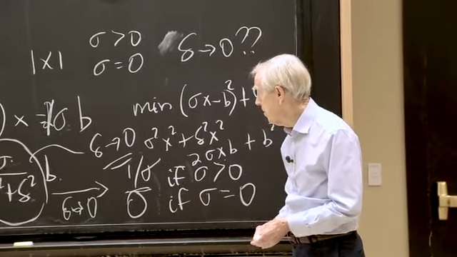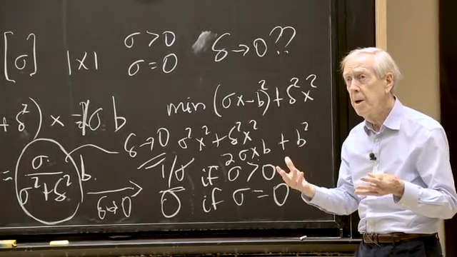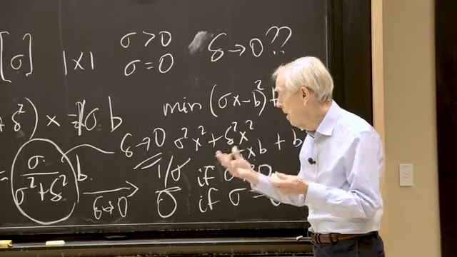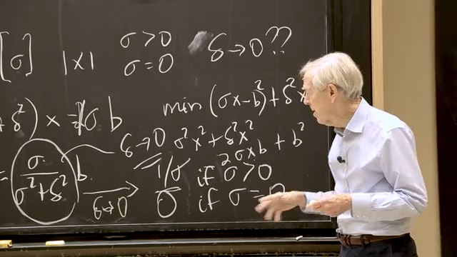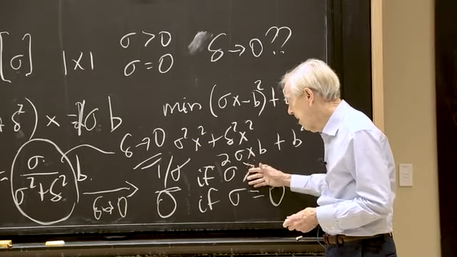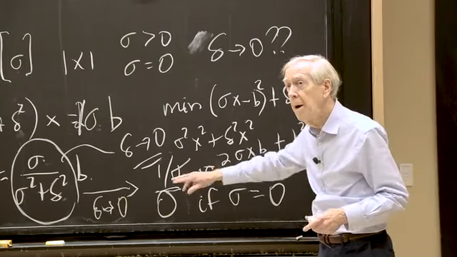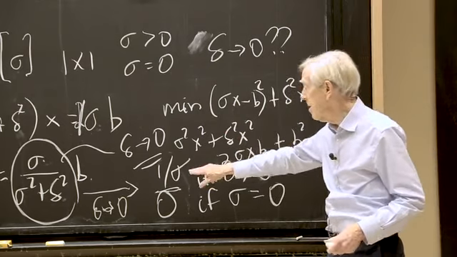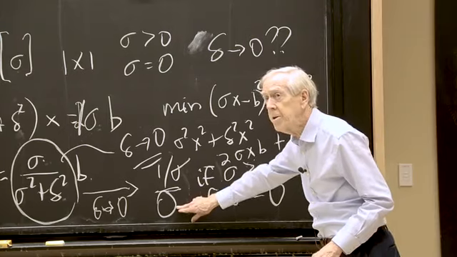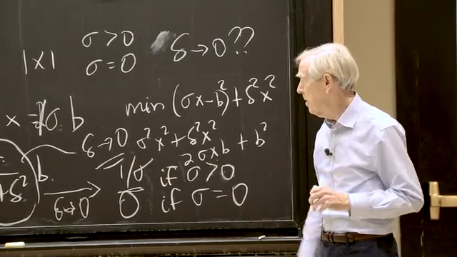What is this sudden bifurcation? The inverse in the limit as delta goes to 0 is either 1 over sigma, if that makes sense, or it's 0, which is not like 1 over sigma. As sigma goes to 0, 1 over sigma is getting bigger and bigger. But at sigma equals 0, it's 0.